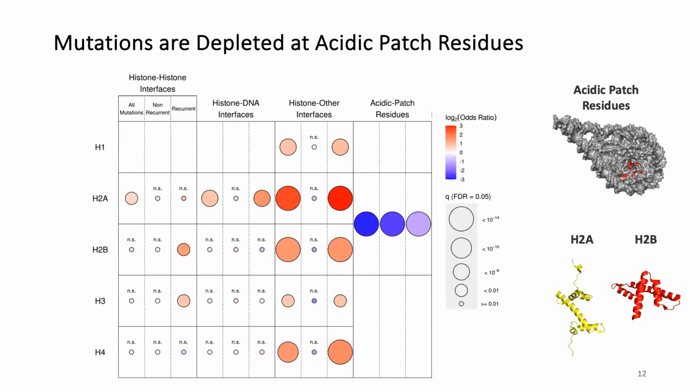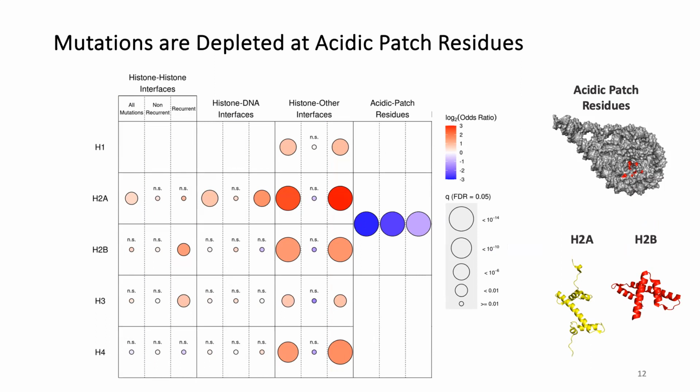Now, previous literature has also shown that there's, generally speaking, a high frequency of histone missense mutations at acidic patch residues. However, it hasn't really been shown whether or not these mutations are actually enriched or depleted statistically at these interfaces or at these acidic patch residues. Just as a reminder, the acidic patch is an exposed area on the nucleosome that's responsible for facilitating a number of different interactions between nucleosomes and other proteins.